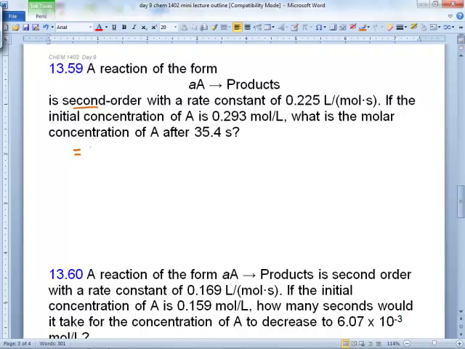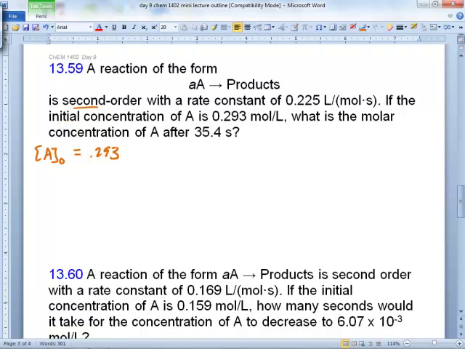You recognize anything in there? Give me its variable. And what's the symbol for it? 0.225. Oh, hold it. No, it's not that one. Yeah, it's the 0.293.